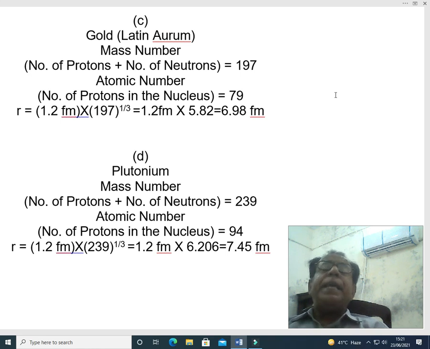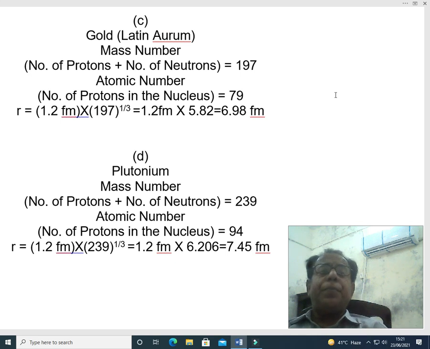Actually, Au has been taken from the Latin word aurum for gold. That is why gold is denoted by symbol Au, gold, Latin aurum. Its mass number is 197 and its atomic number is 79. Again applying the same formula.